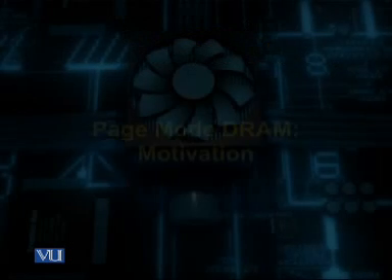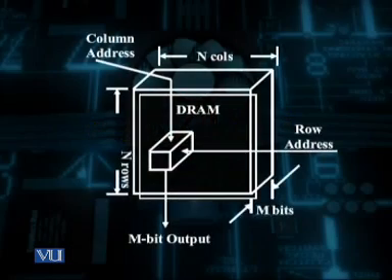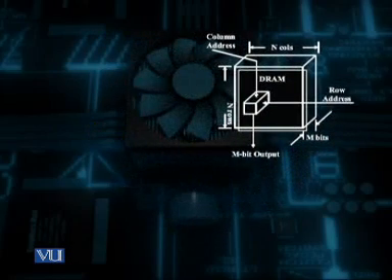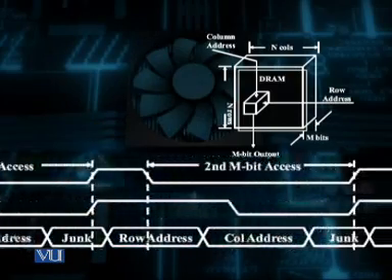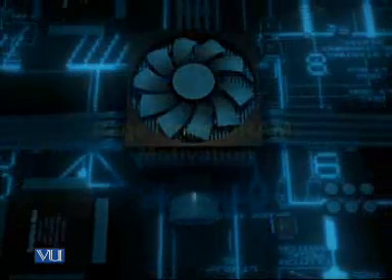We can overcome this problem in a fast address mode random access memory, as shown here, by placing a register of size n by m so that we can save an entire row internally whenever we access a row. We can improve the performance of this memory by redesigning it using the concept of fast page mode dynamic random access memory.